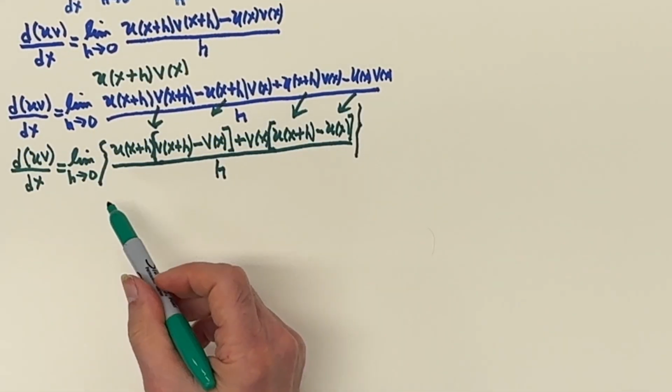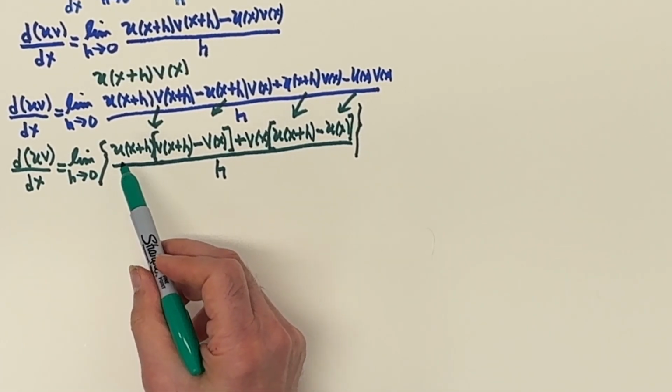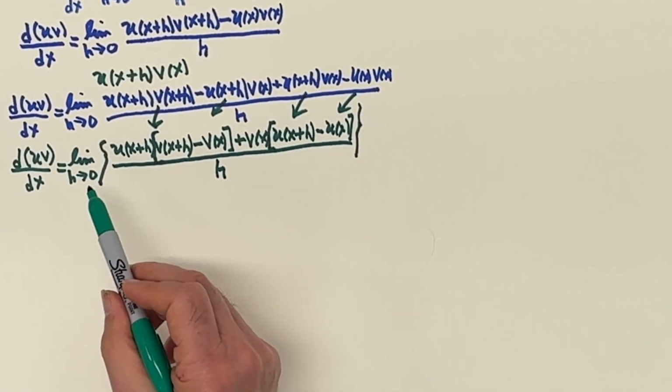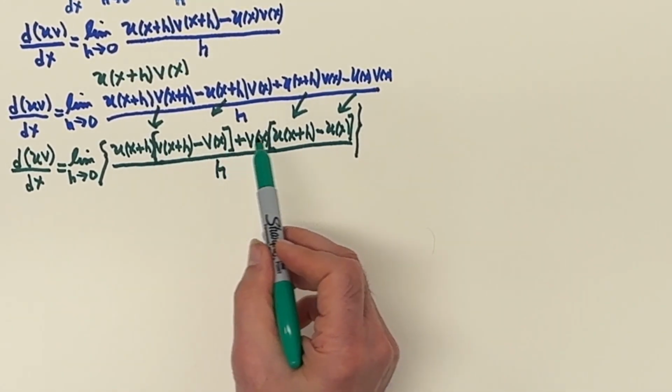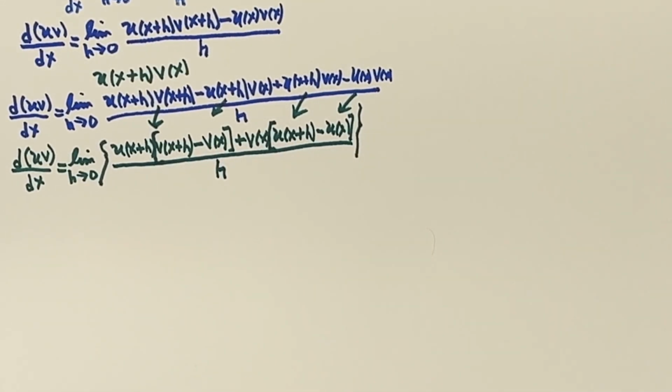Now, can we say that the limit of this whole thing is equal to the limit of each part in the sum? And here is where in your calculus course, they will list these limit rules, and often in the appendix, they'll prove them.